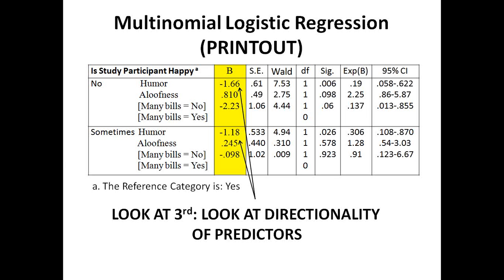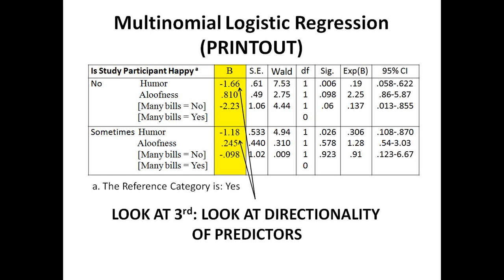So there we go again. Take one good look at it. So in reference to those who say they are happy, yes, the negative beta, negative 1.66, those who are happy, no, have significantly less, the minus meaning less humor.